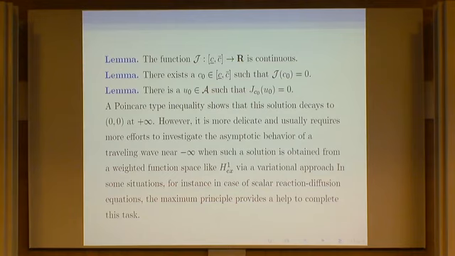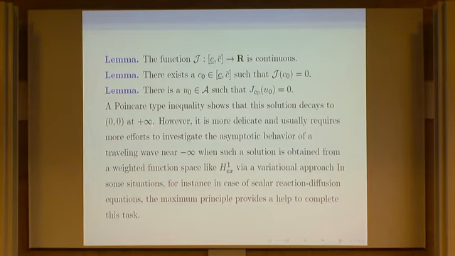Okay, so then with such speed C0, you look at this functional because the infima is 0, and you can find a minimizer as a limit of a minimizing sequence. And then this U0 is a traveling wave in the sense that due to the Poincare type inequality, we know the solution decays to 0 at infinity.